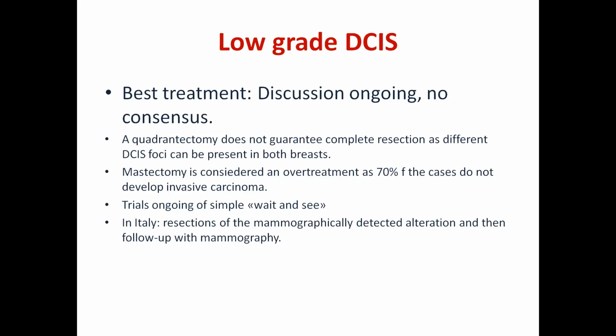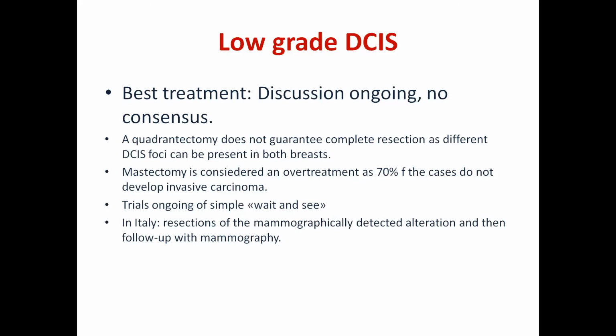There is no consensus on which is the best treatment for these patients. Because if you make just a quadrantectomy, a surgical resection of the quadrant, you know that the patient can have different foci, different clones, different tumors in the other quadrants and also in the other breast.